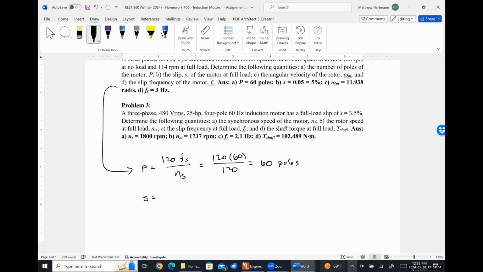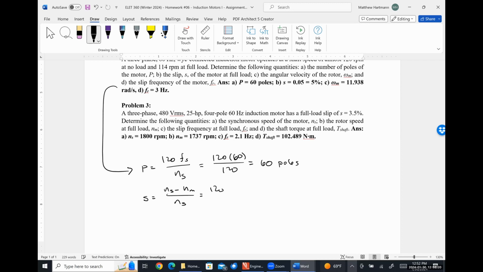For part B, we want the slip, right? So slip is defined as NS minus NM over NS.